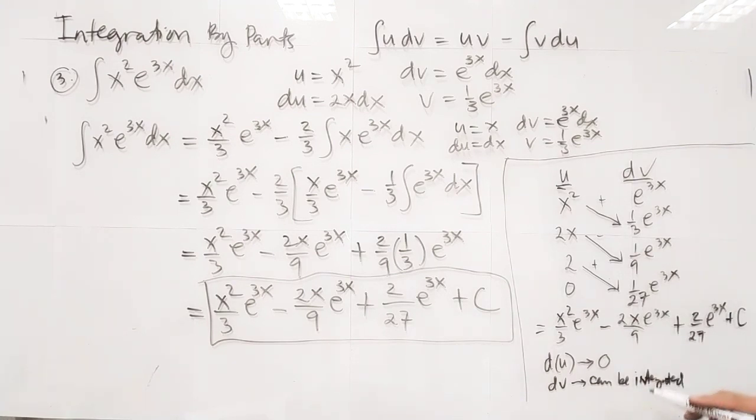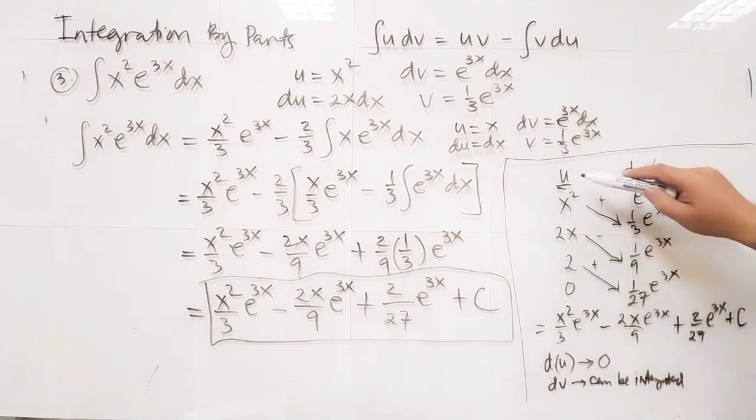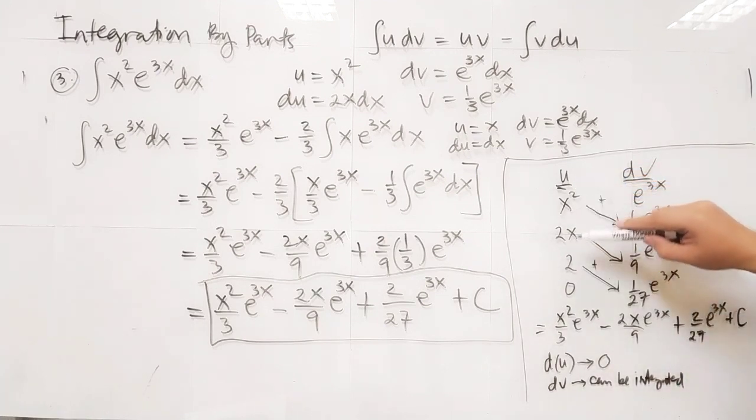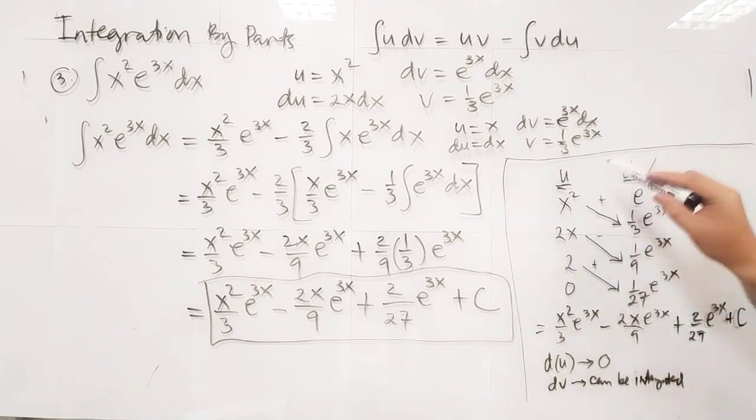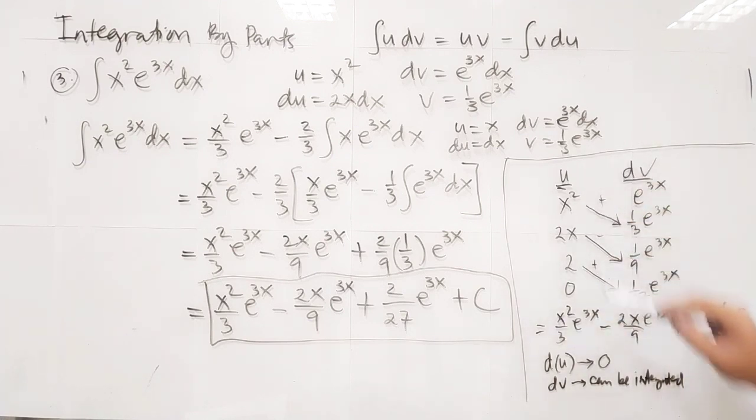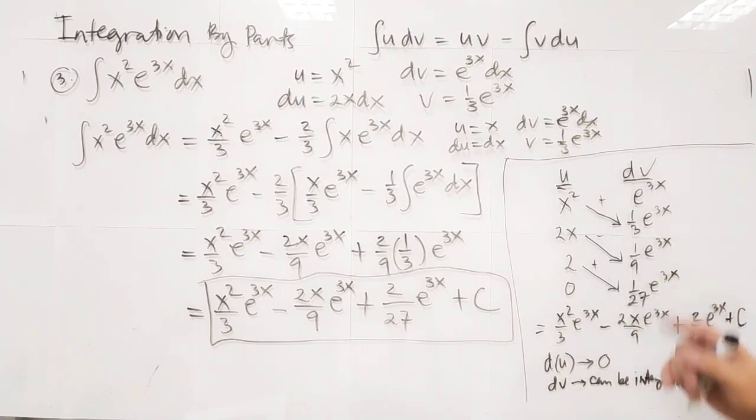So these are the conditions. If you take the derivative of your u and you do not arrive at 0, then you cannot use this shortcut method. On the other hand, if you cannot integrate your dv, then you cannot use this shortcut method for integration by parts.